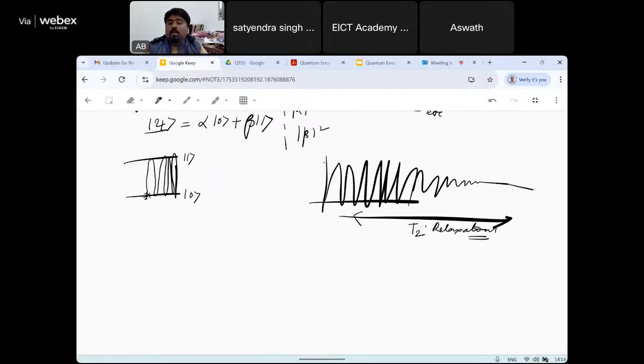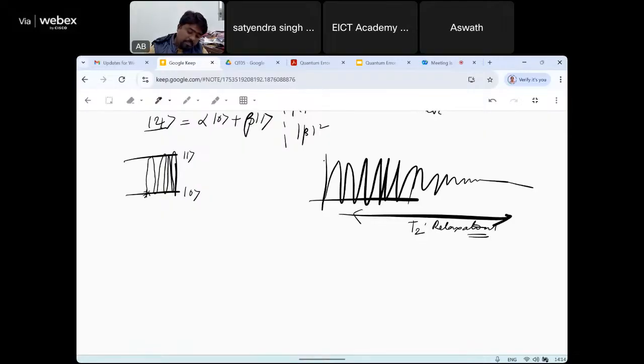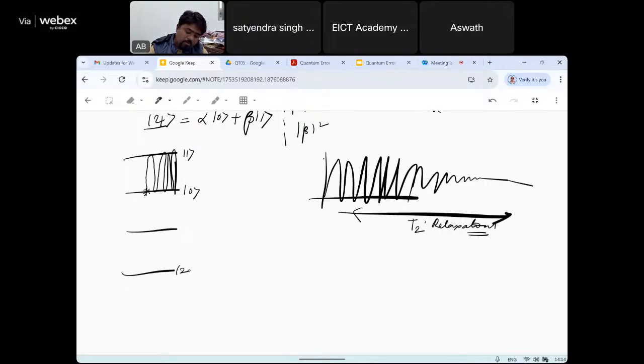Now there is something called T1 relaxation also. In T1 relaxation, let's say the electron goes to the excited state. It has to stay there for some time, say 1 microsecond, 10 to the power of minus 6 seconds. It is not staying there for that much time. It just decays back spontaneously or loses energy to the surroundings. That is T1 relaxation.